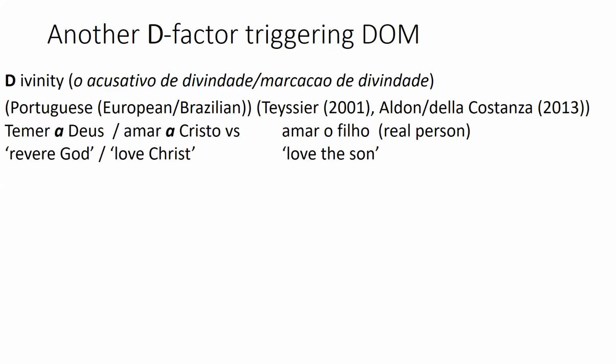And the object, which is divine, is regularly marked by a: temer a Deus, amar a Cristo, etc. Versus amar o filho, love the son, where filho here denotes a specific person. You love a son, a real person. You can also say amar a filho, in which case son here refers to Jesus Christ, son of God. So in Portuguese, a here seems to be used exclusively for marking divine objects, divinities.